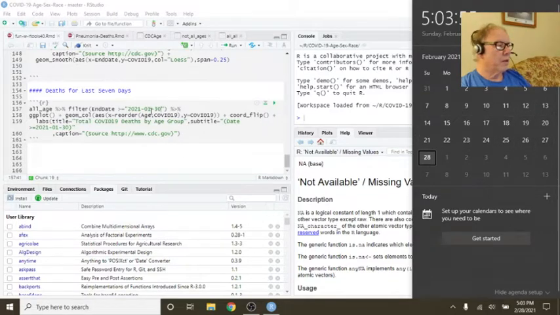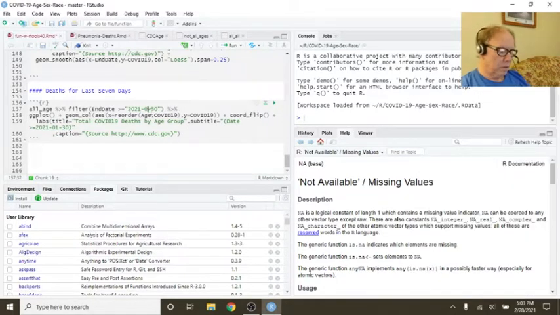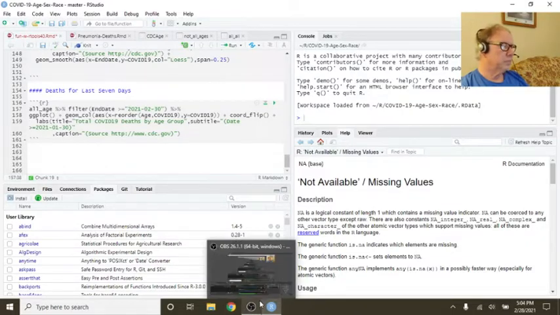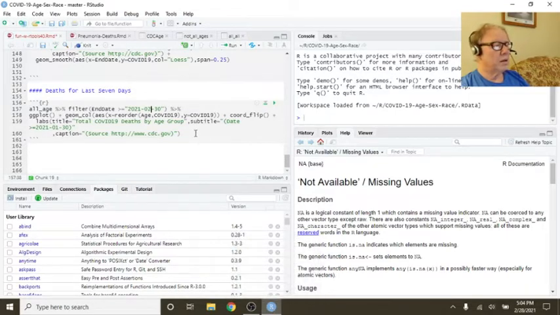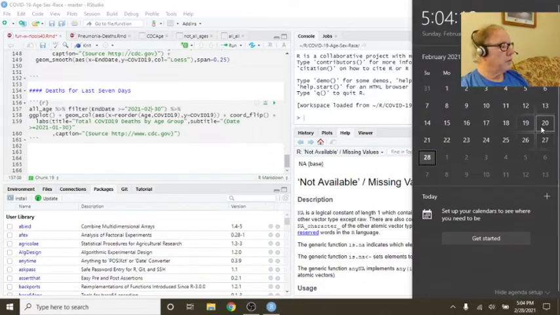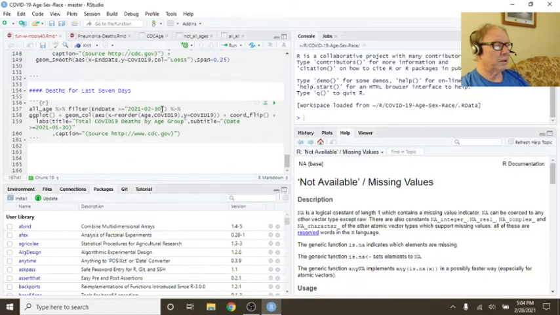Let's just try this, 2-1. So this last week could have been for this week here. So what we're looking for is 2-20.